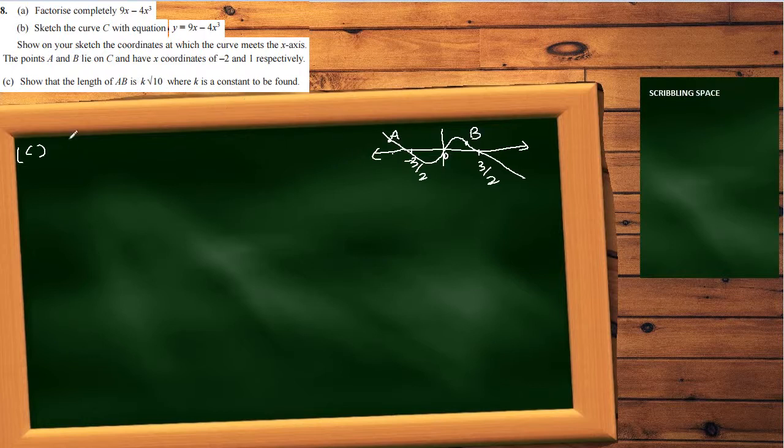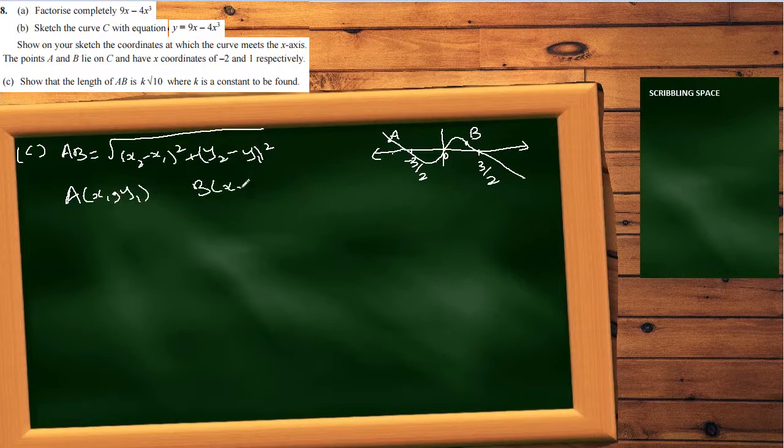For length, we know the distance formula: AB is equal to the square root of (x2 minus x1) squared plus (y2 minus y1) squared, where A is (x1, y1) and B is (x2, y2).